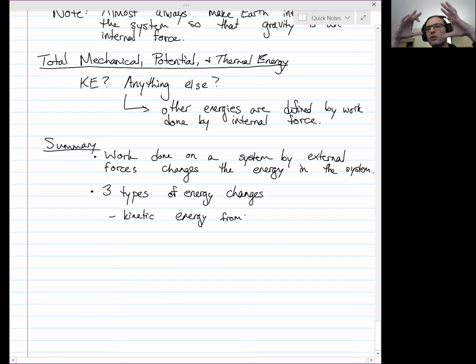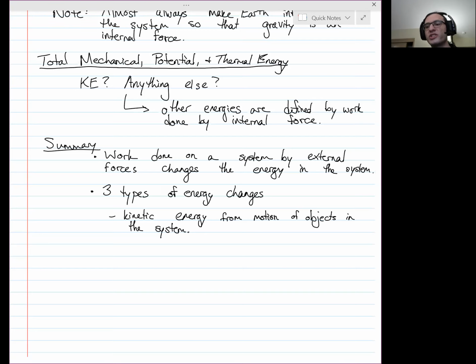So they can be moving about within the system. For example, think of the Earth orbiting the sun. If you consider the Earth and the sun to be our system, the Earth has some kinetic energy, even though the whole system isn't moving. It's just one part of the system that is moving.